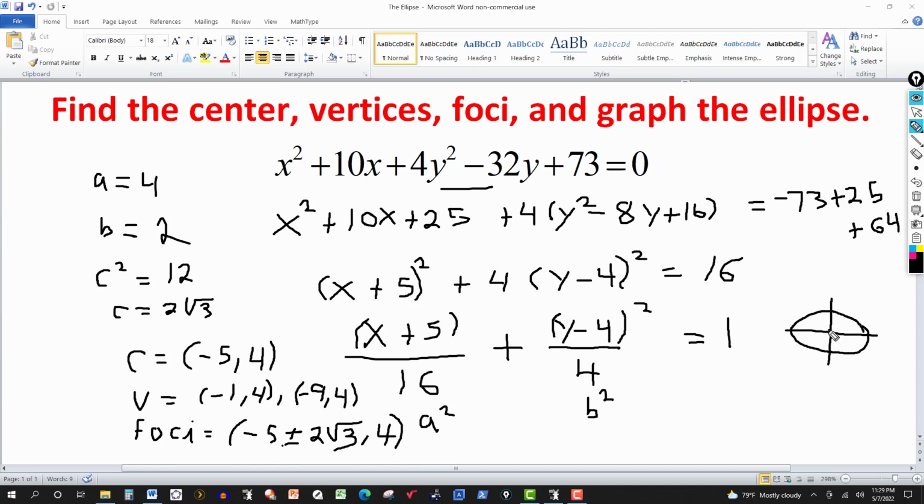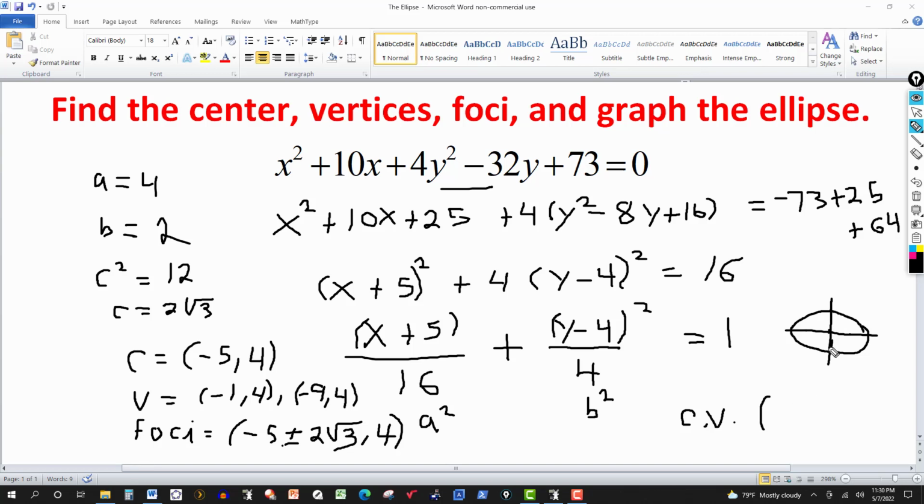But we go center there, and then we add A to get this vertex, subtract A to get this other vertex, add the foci to get this point, 1 foci, and then subtract it over here, we get it over here. But then over here we have the co-vertices. You get that from B. So what is B here? It's 2. So the co-vertices, we get these points over here.